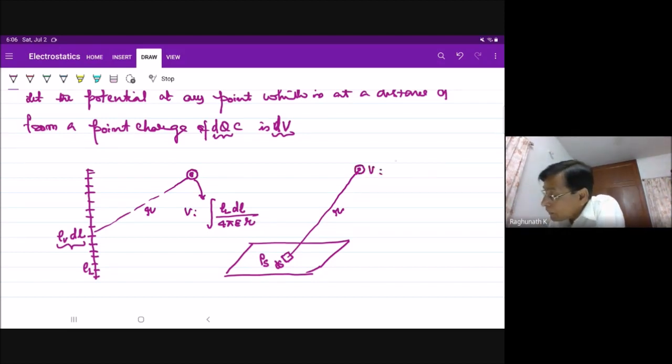V is equal to double integral rho s ds by 4 pi epsilon R.